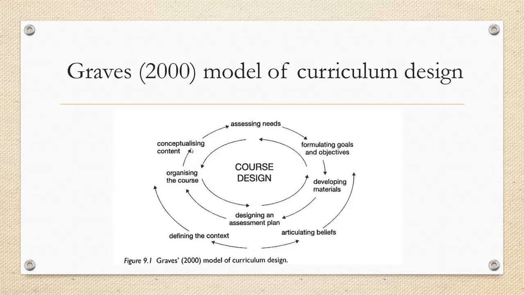As you begin to conceptualize content or teach content, you might also then assess what has been learned, and it could start the whole thing over again, so you're back at assessing needs. You can move in different orders. You don't have to be constantly going in a clockwise motion. You could design an assessment plan and then realize you need to develop materials to make sure they're prepared for the assessment plan. So it doesn't have to move in a singular direction.